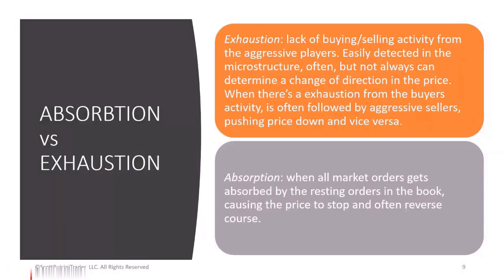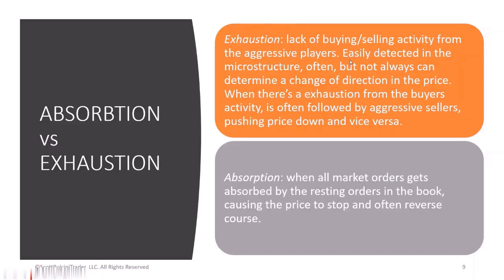So let's take a look at the two most important, in my opinion, order flow patterns: absorptions and exhaustion. The exhaustion is a lack of buying or selling activity from the aggressive players, the market buy, market sell players.